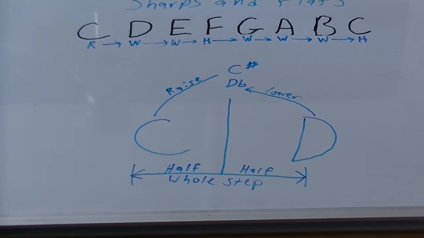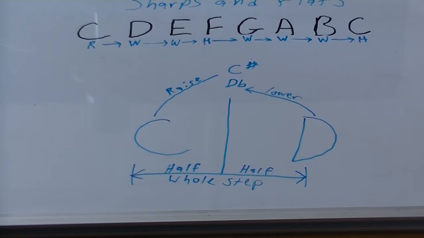So just a little bit to review. So far we've been working with the C major scale. And the reason we've been doing it is because it's easy to work with. As we can see, there are no sharps and flats. However, C major is the only major scale that does not contain sharps or flats.